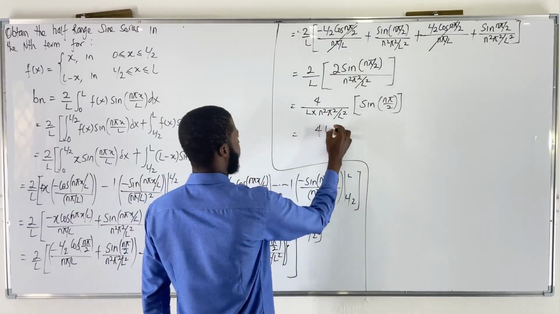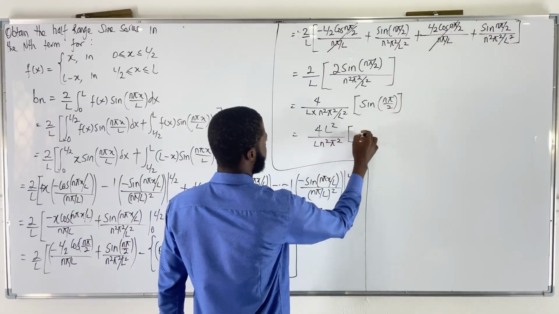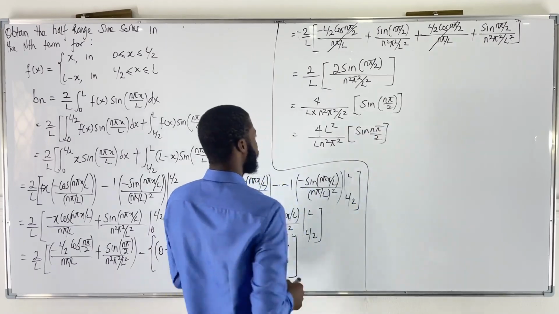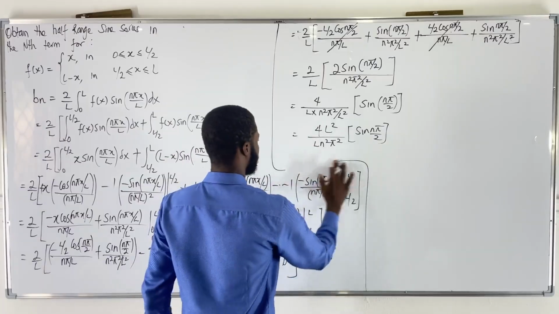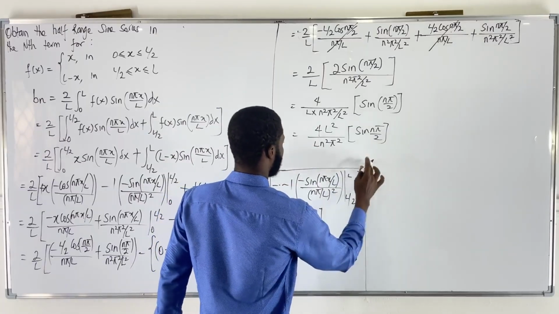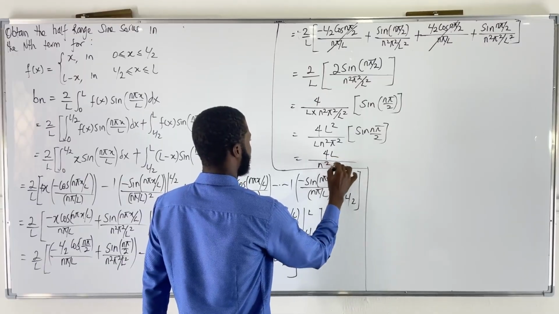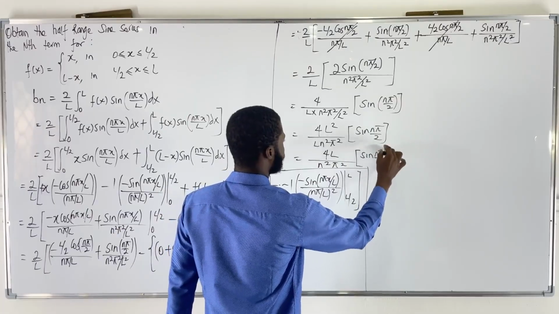So this is 4L squared over L n squared pi squared sine n pi over 2. Now the L squared can be cancelled by this. So this becomes 4L over n squared pi squared, then we have sine n pi over 2.